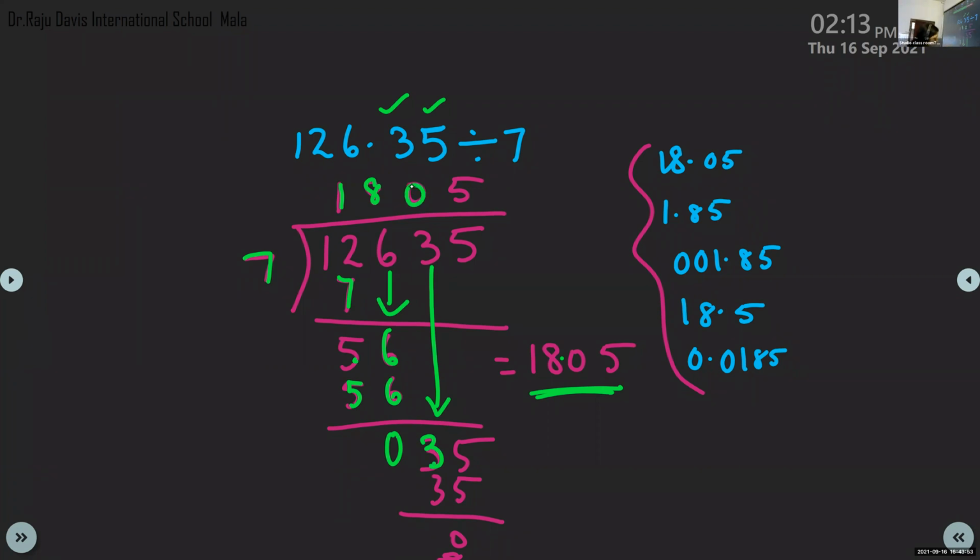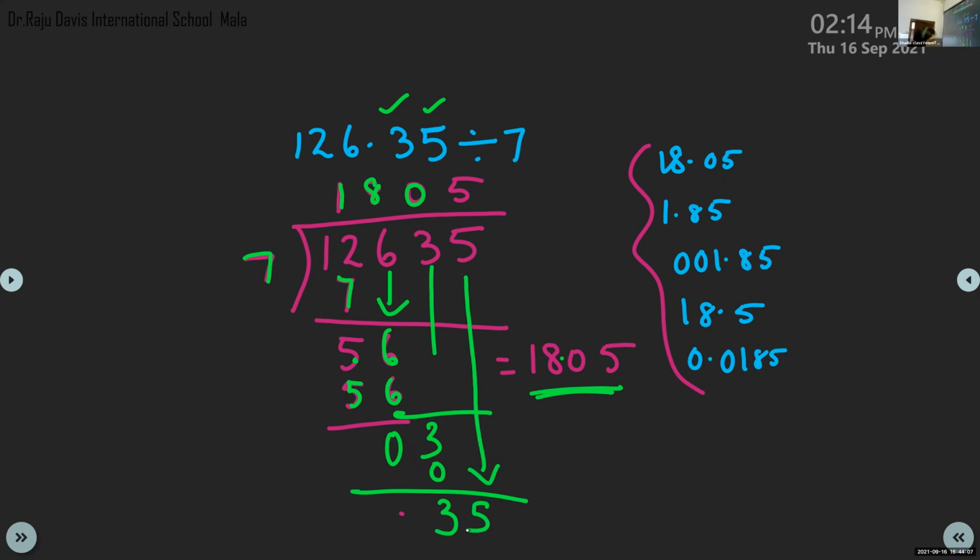We are forgetting that. Here, we brought down 3, no? It is not divisible by 7. So 7 zeros are 0. Then subtract, balance 3. Then bring down 5. This is the step there. We usually skip that step. That is the problem. Understand? When doing division, you do this also. Otherwise, you will forget.